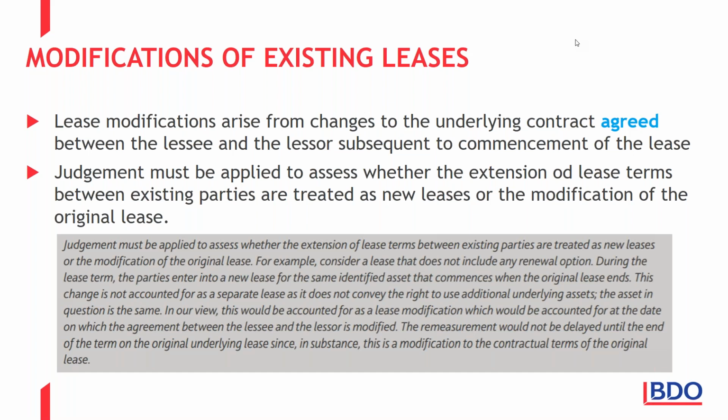We have a lease agreement for 5 years and no extension options included, just a lease for 5 years. And let's say 3 months before the end of that original lease term, the lessor and the lessee have a conversation around what are we going to do after the 5 years, and they renegotiate, let's say, another 3 years.